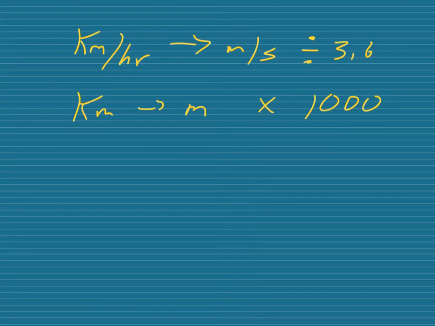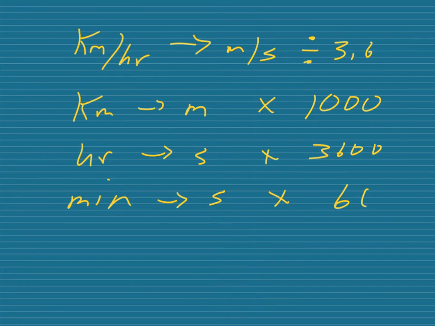And sometimes you'll be given time in, say, hours, and you want seconds. You can multiply by 3,600. Or if you're given minutes and you want seconds, you'd multiply it by 60. But always read the problem carefully to determine if you need to change something before we begin.